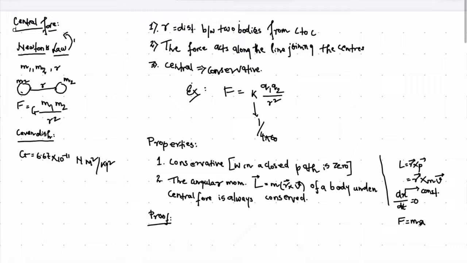Or, more precisely, the rate of change of momentum is directly proportional to the impressed force. That means force is equal to the rate of change of momentum, dp divided by dt. This gives mass into acceleration, because momentum is mass into velocity, so I can take mass out and it is dv divided by dt.